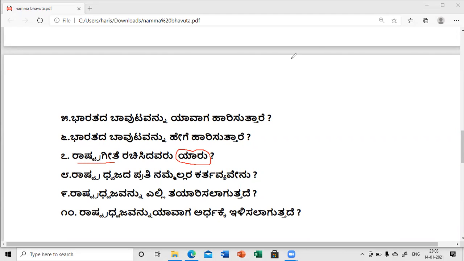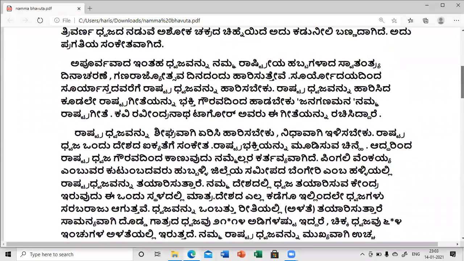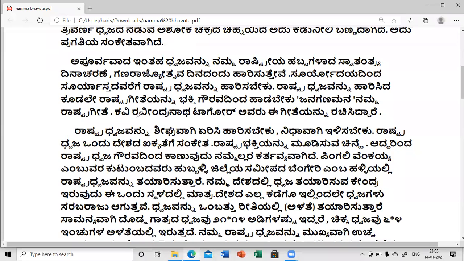So Yaru means it is a person. So we have to look for a person as such, like who actually has written this national anthem. So we need to search for a particular person's name. Let the name be anyone, but we just need a name in order to locate this answer easily.